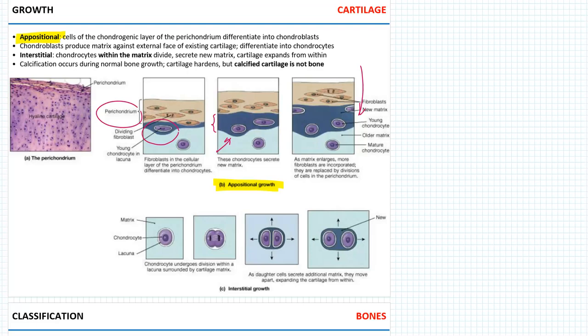All good, everybody? And then the second type is the interstitial growth of cartilage, which is shown on the bottom picture. In interstitial growth, chondrocytes are located deep within the cartilage matrix. And you can see what happens: chondrocytes divide, and each of the daughter cells starts producing new matrix.